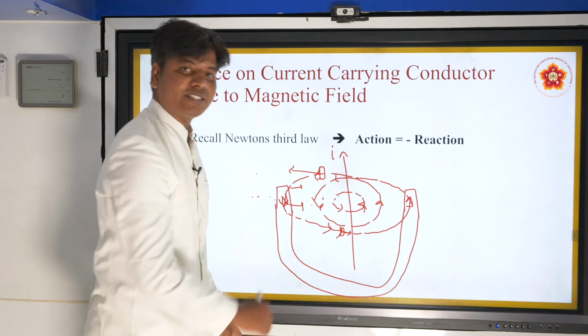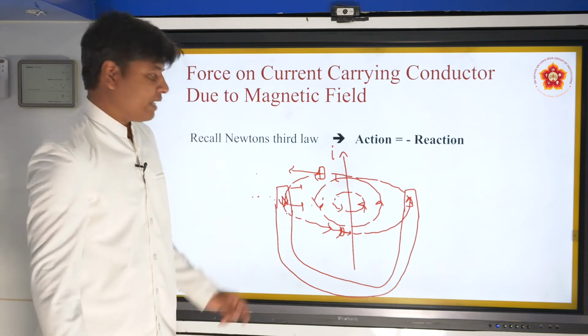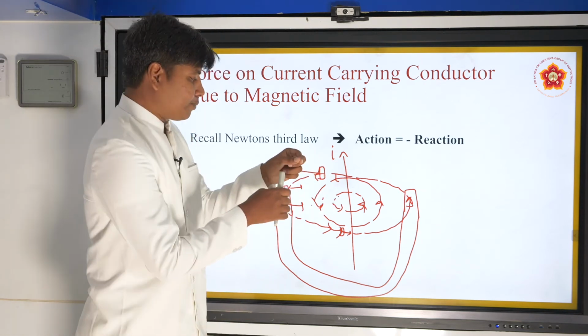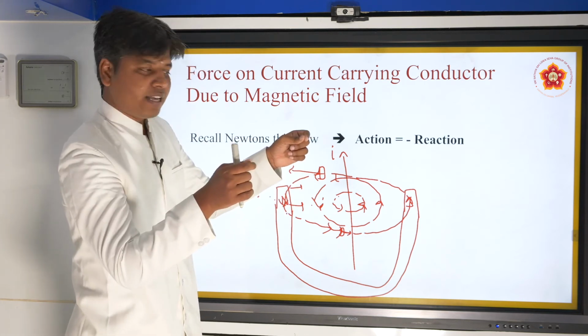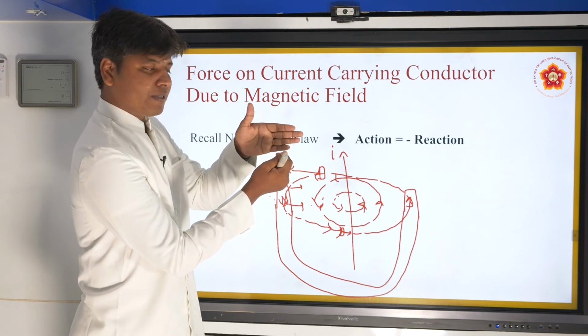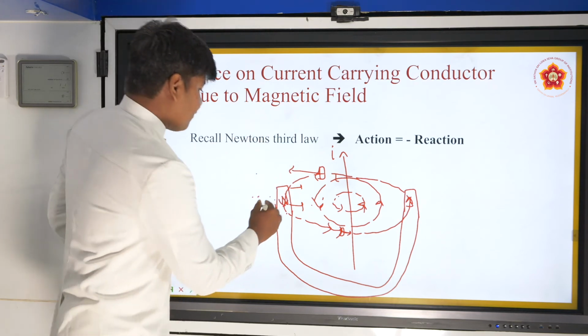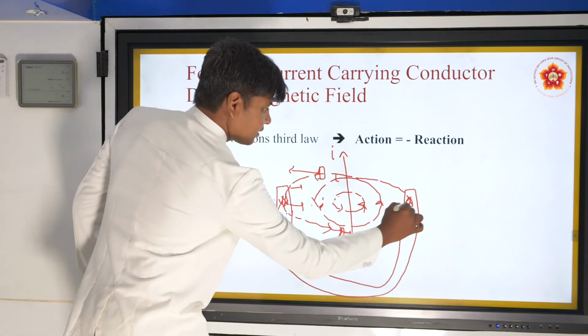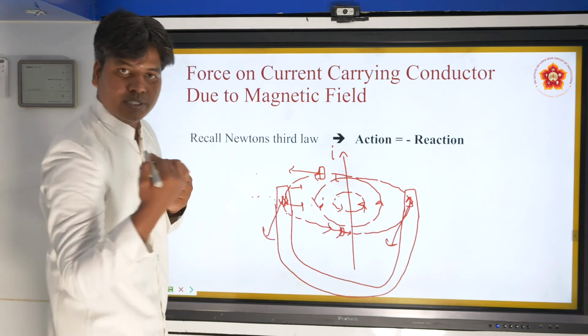It will be inwards, right? It is pushing this horseshoe magnet outwards. I am keeping this horseshoe magnet steady, then I am leaving this. What happens? It will push it inwards. If this is outwards, that means coming outside the board.